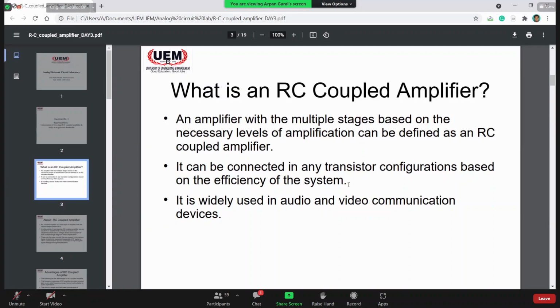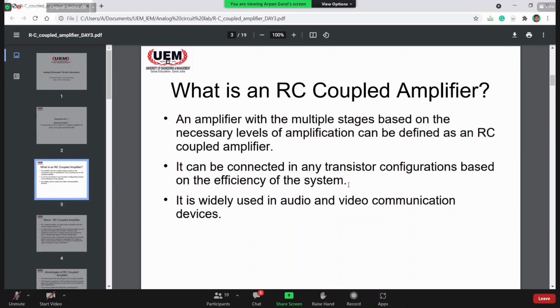It is widely used in audio and video communication devices, like radio and mobile. Amplifiers are often used because today's world is very much dependent on audio visual aids.